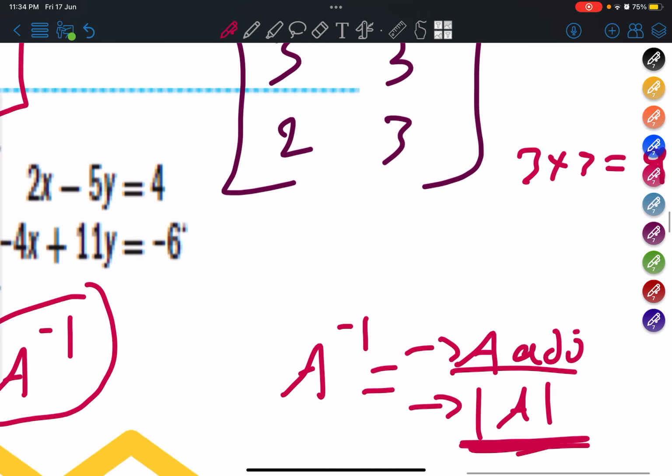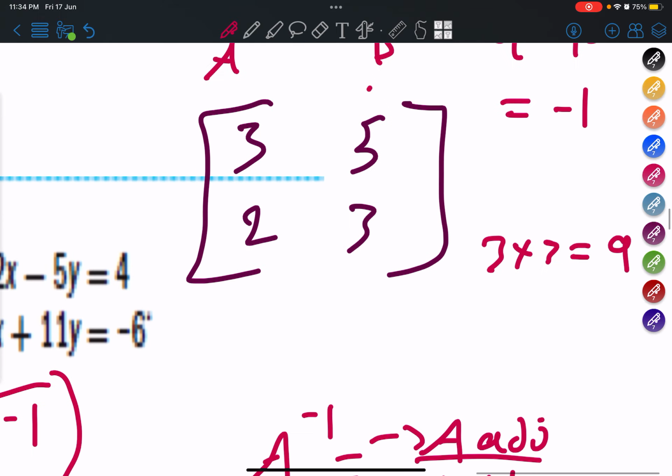Okay, so then what we'll do is we will take the opposite sign of these two elements, which means that this will be negative and this will be negative. In case this was already negative, it will become positive because it's the opposite sign.